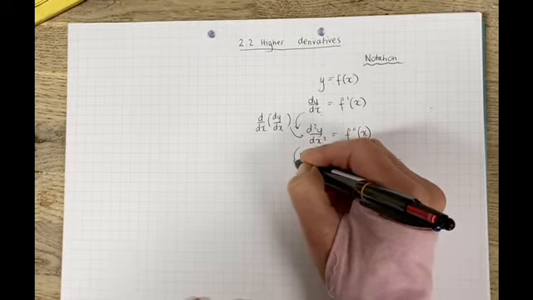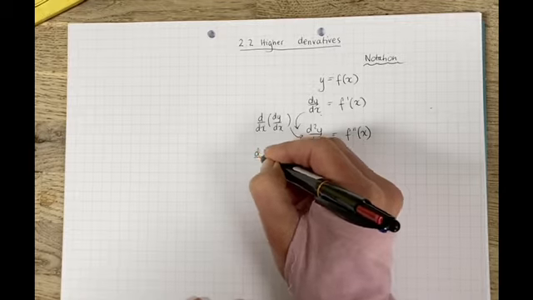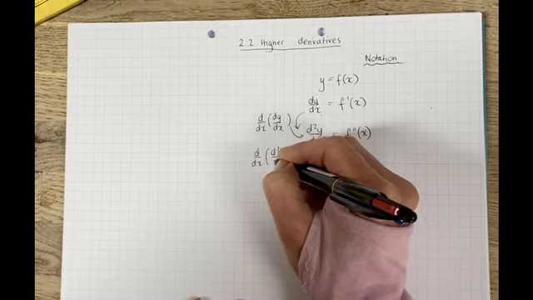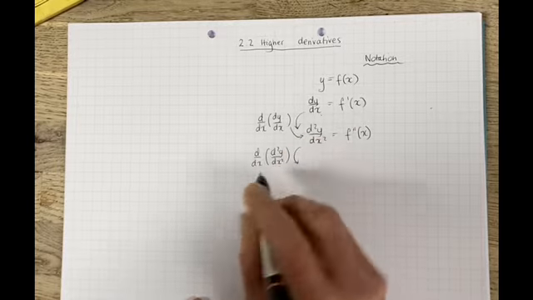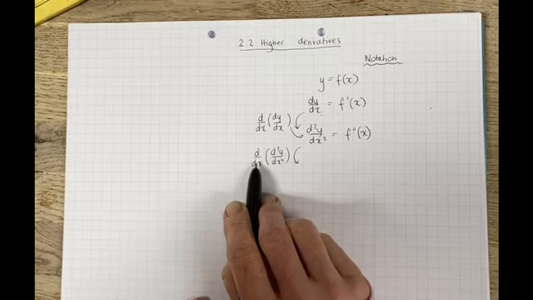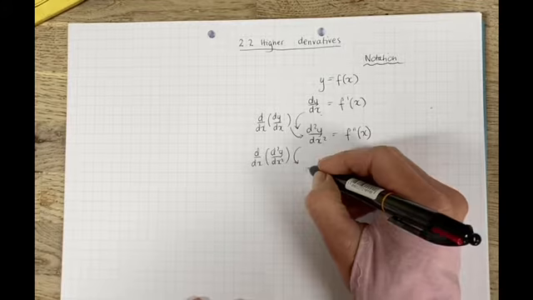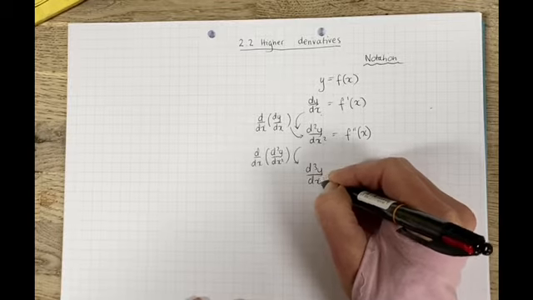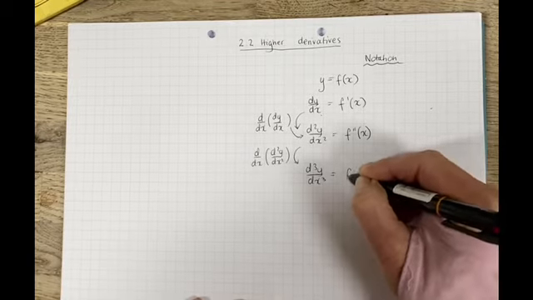The next one, you could do d/dx of d2y/dx squared. This tells you to differentiate the second derivative, and you obtain the third derivative, d3y/dx cubed, which is f triple dash.